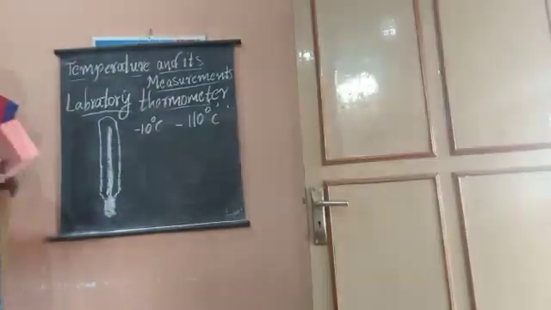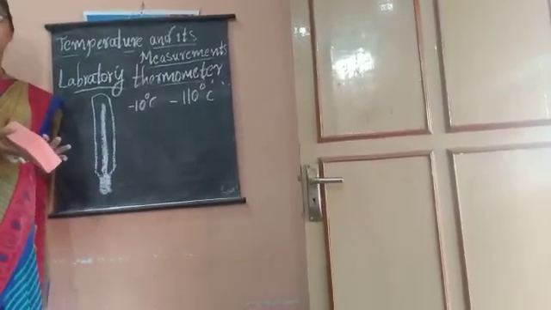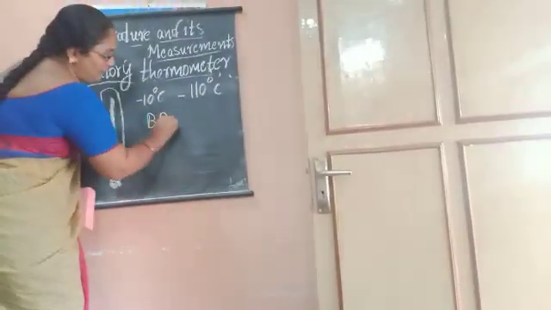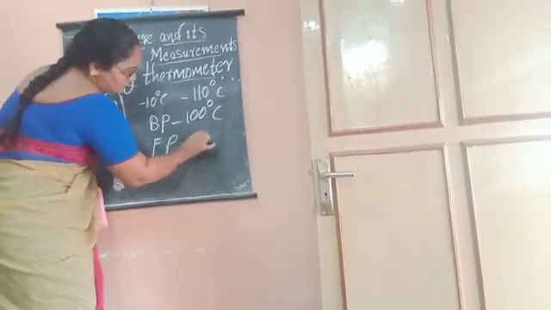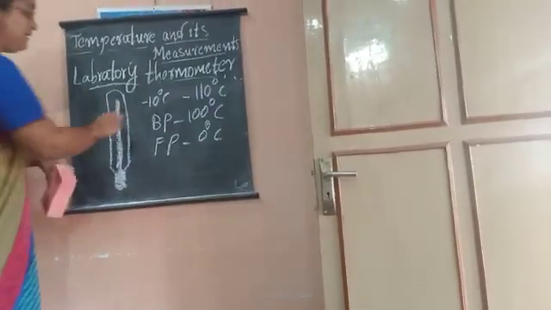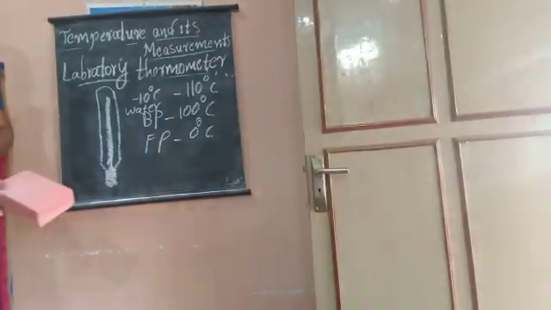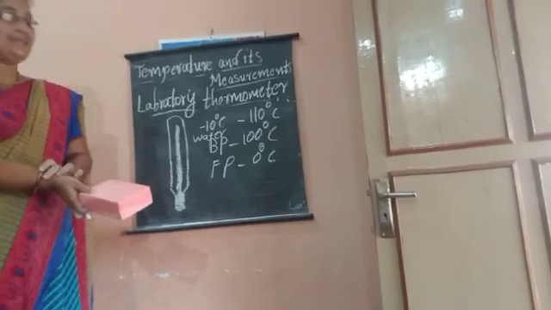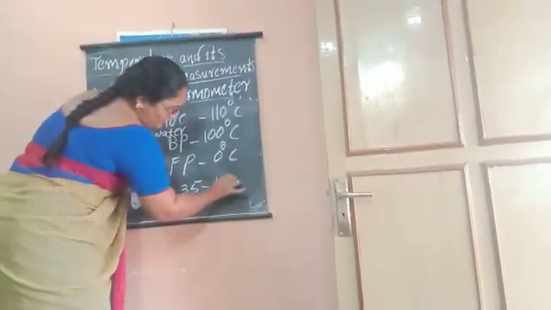See, why can't we take the other objects' temperature by using the clinical thermometer? For example, the boiling point of water is 100 degrees Celsius and the freezing point is 0 degrees Celsius, but the readings on the clinical thermometer are from 35 to 45 degrees Celsius.